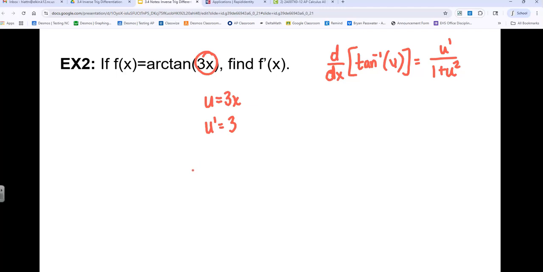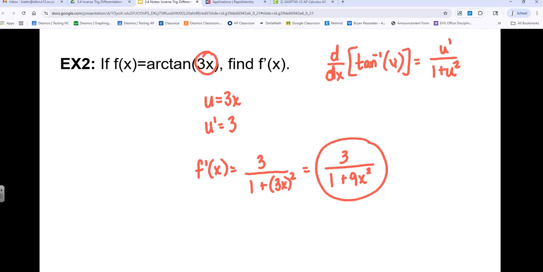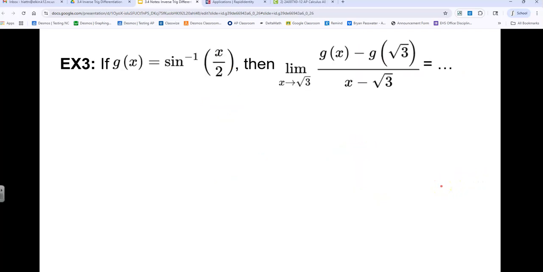So f prime of x here is going to be 3 over 1 plus 3x squared. They will probably turn that into 1 plus 9x squared. Okay? Not terrible. It's an easy one.